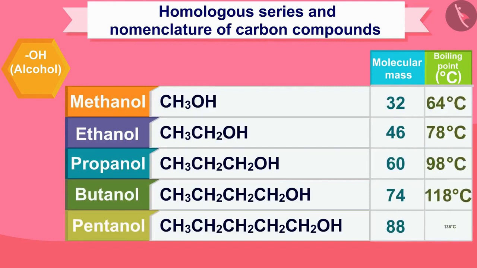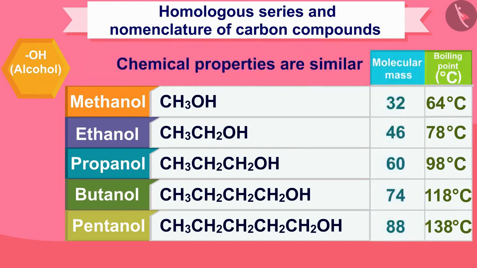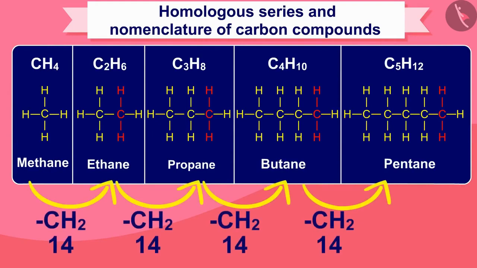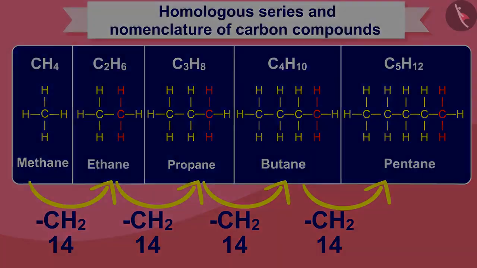This is because the melting point and boiling point increase as the molecular mass increases. The chemical properties that are determined by the functional group remain the same in the homologous series. Hope you will not have any dilemma related to homologous series.